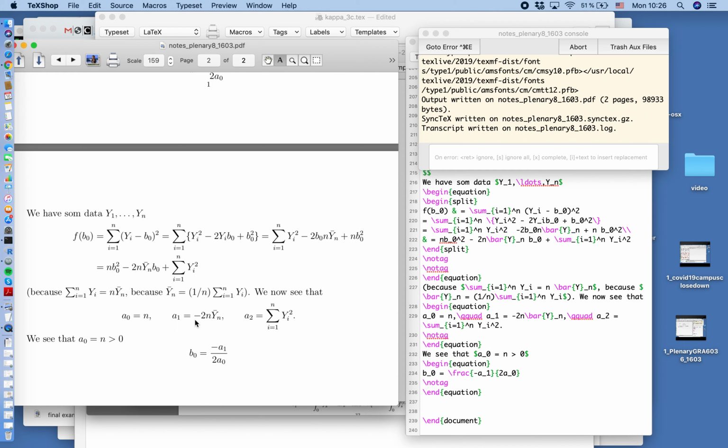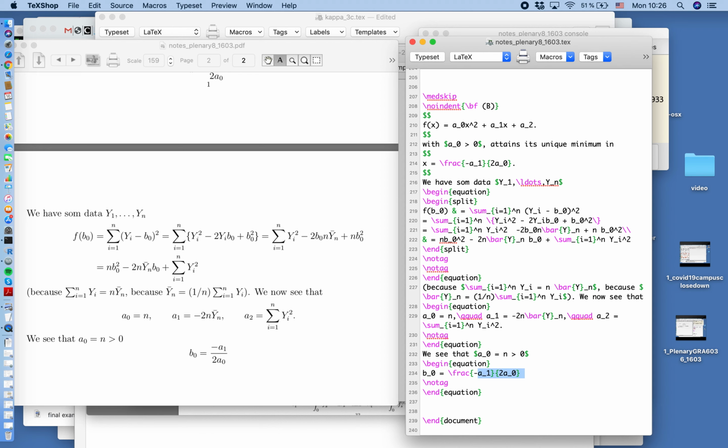Now we insert what we found here. a1 is equal to minus 2n times the mean of the y's, so we get a minus minus, which is plus, and then we have 2 times a0, so it's 2 times n.